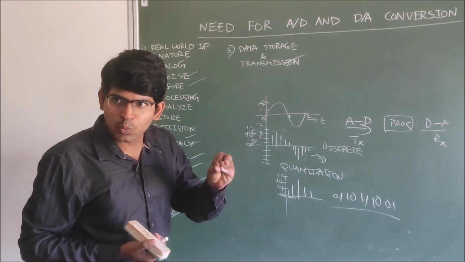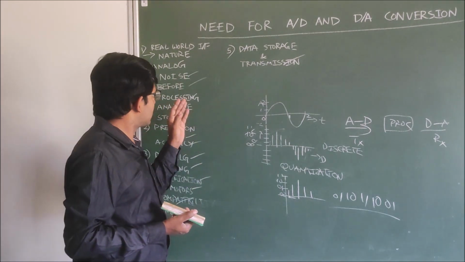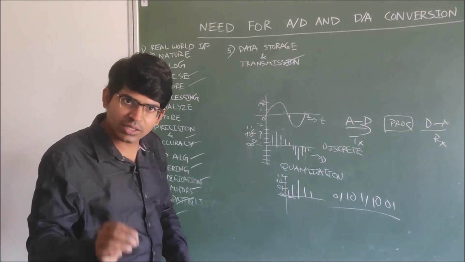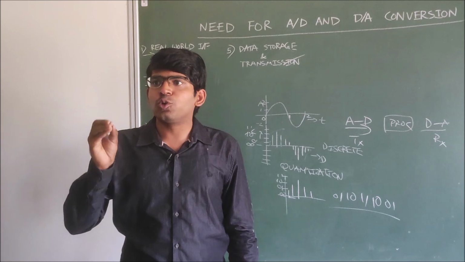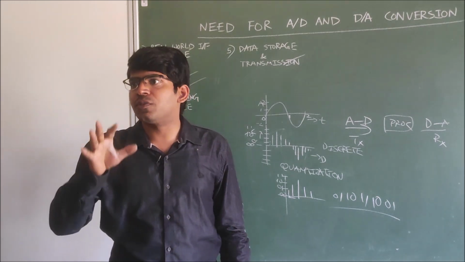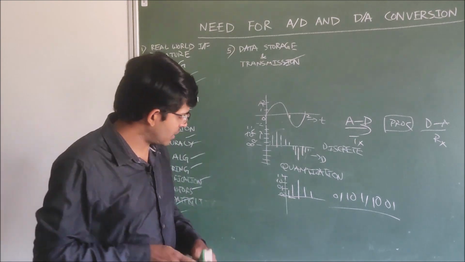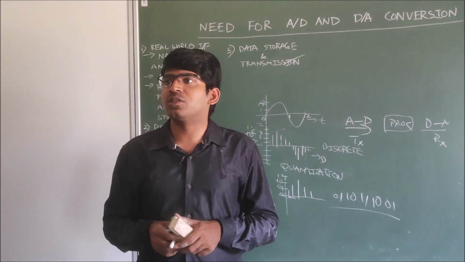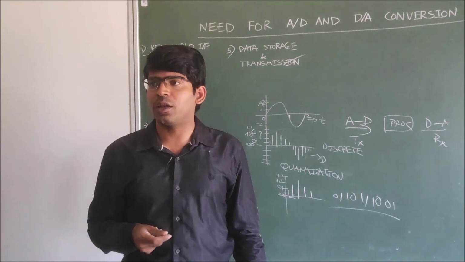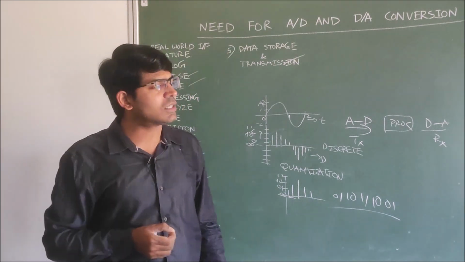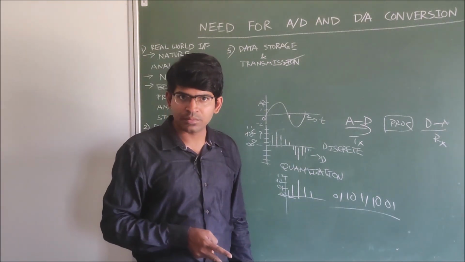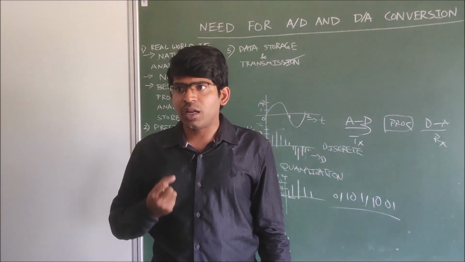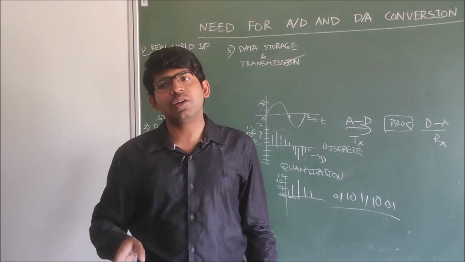It is easy to process the digital signal, or to store, analyze, or filter the digital signal, or to apply any modern day methods to the digital signal compared to the analog signal. And transmission is also easier for the digital signal compared to analog signal. Because of these reasons, we go for analog to digital conversion. But at the receiving end, again we have to observe the analog signal only. That's why again we are converting digital to analog signal.